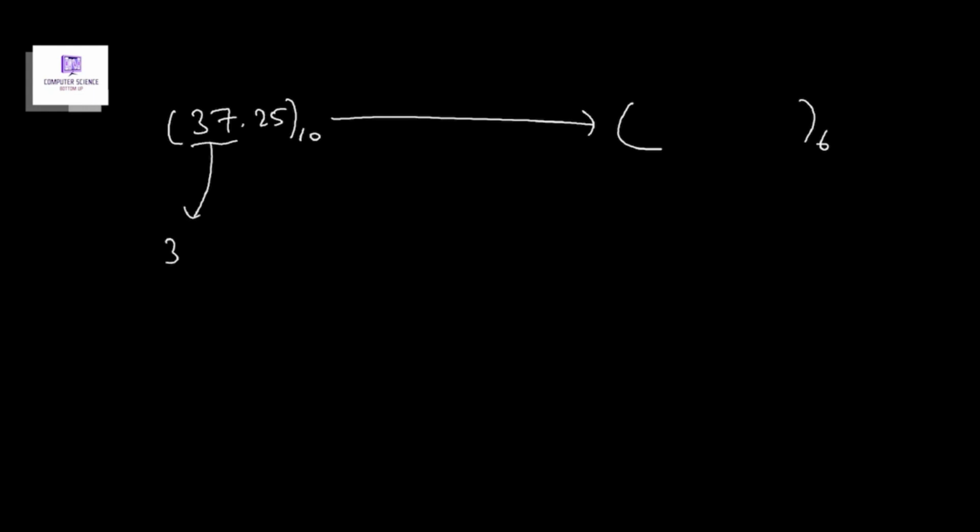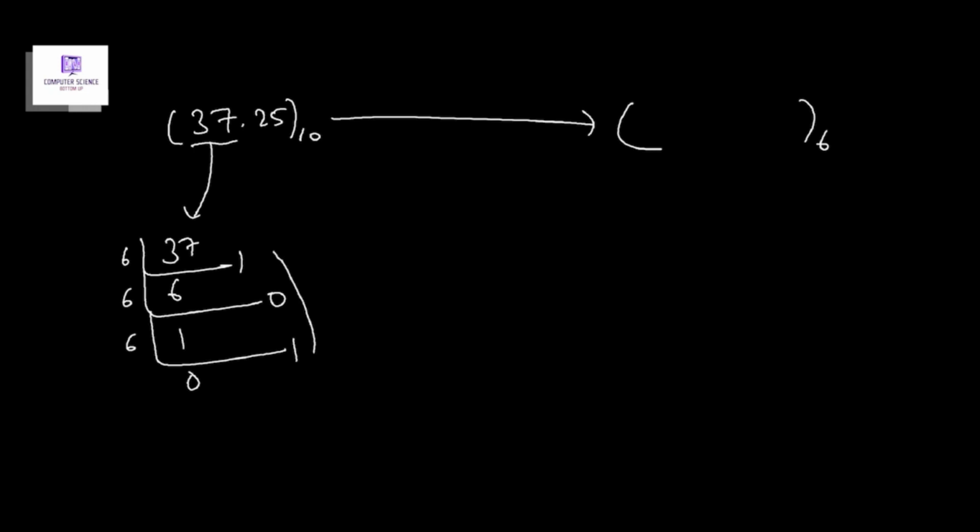For 37, 6 into 6, remainder is 1. 6 into 1, remainder is 0. 6 into 0, remainder is 1. So for 37, the equivalent is 101. So 37 in base 10 is equivalent to 101 in base 6.